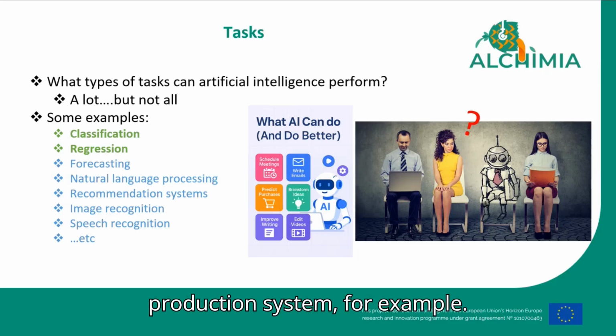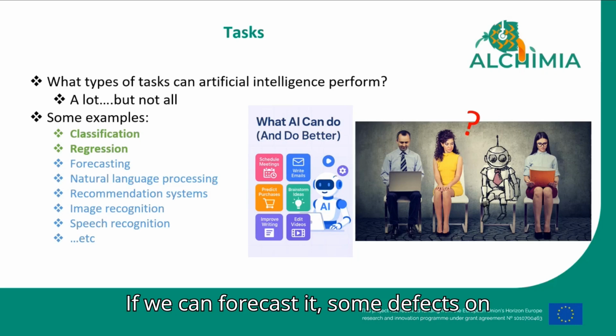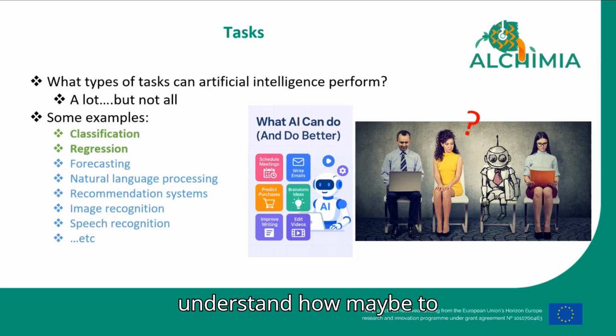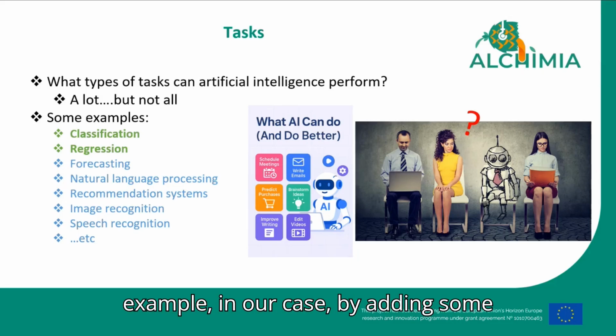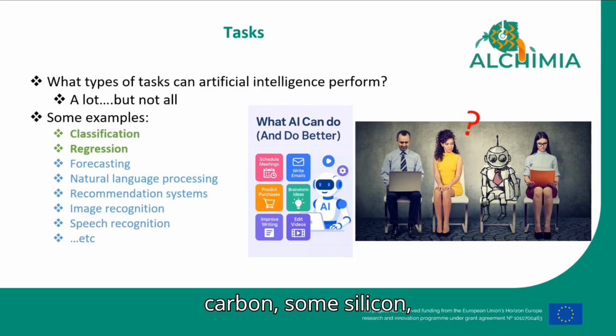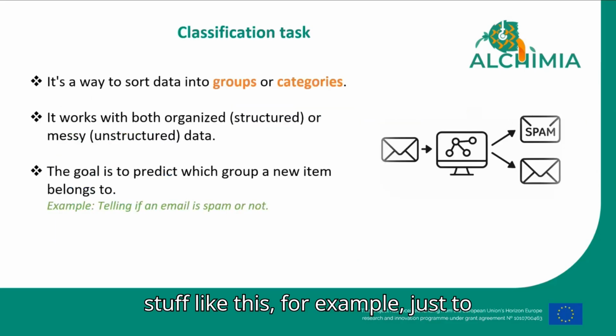If we can forecast some defects on the product in advance, we can understand how to improve the control of the process, for example, in our case, by adding some carbon, some silicon, and so on, just to give an example.